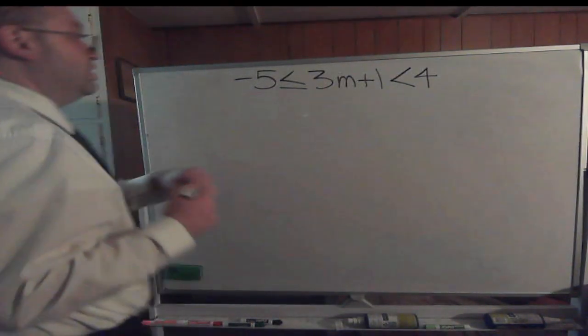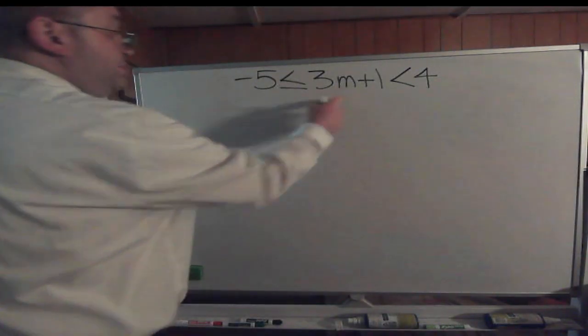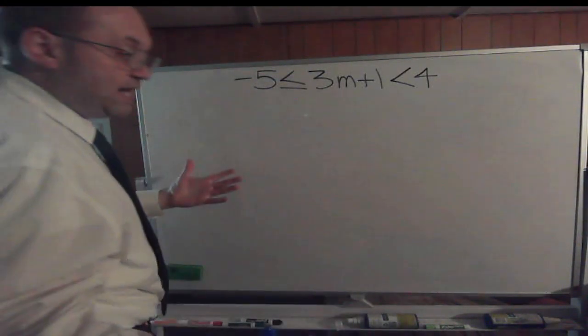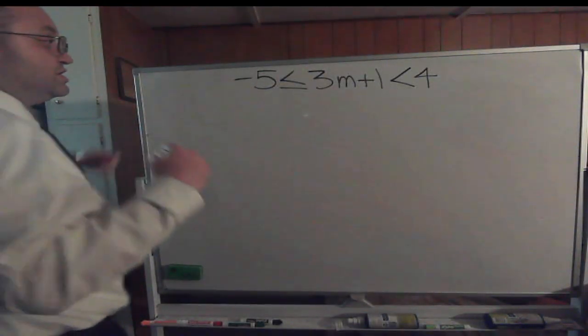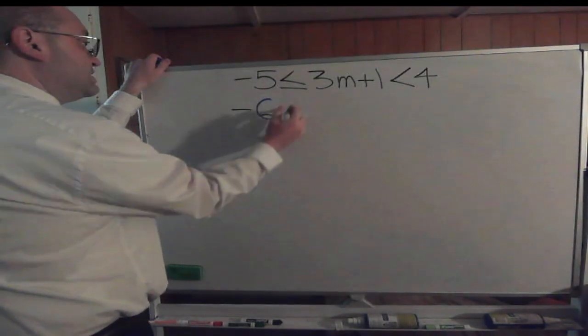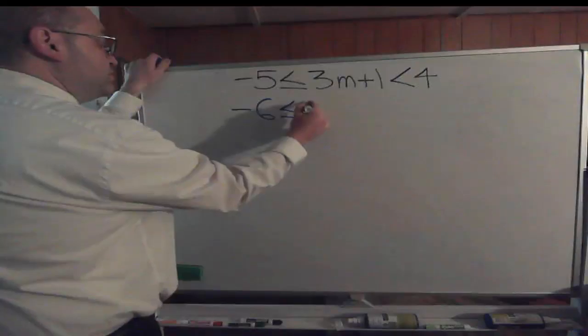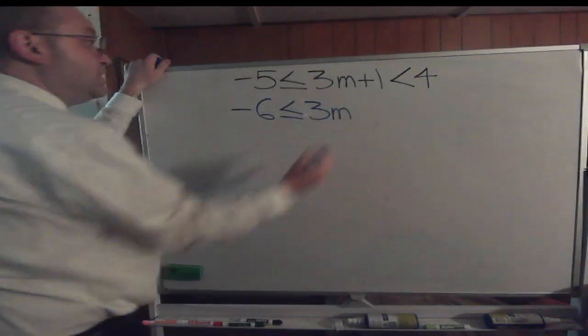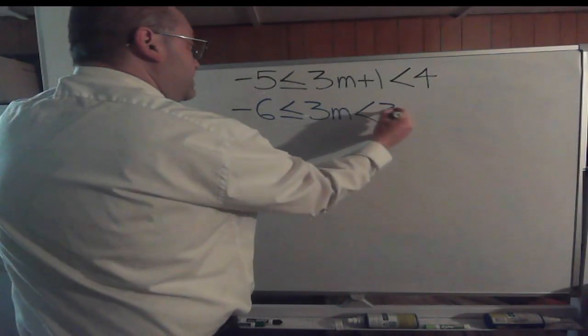Well, we want to get that 3m by itself, so that means we need to subtract 1 from everything. So if I subtract 1 from negative 5, I end up with negative 6 would be less than or equal to the 3m, which would just be less than 3.